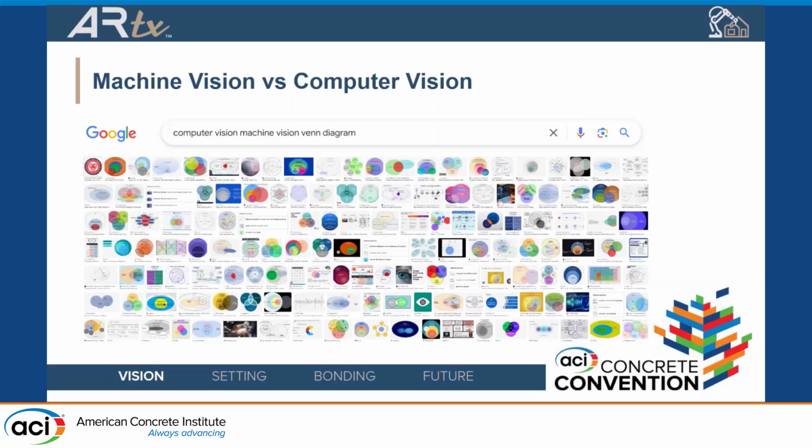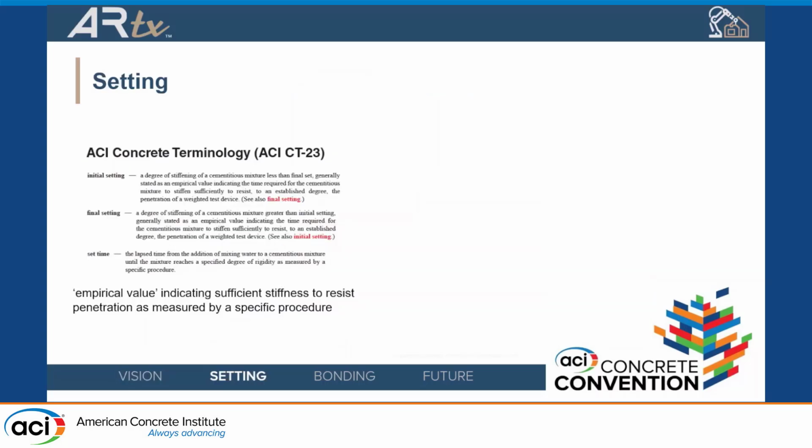All right, let's jump to setting. We all know about setting. From the practitioner side, we lean a lot on ACI and ASTM standards for collecting data here. ACI's definition of setting is pretty loosey-goosey: just an empirical value for indicating stiffness as measured by penetration resistance by some method.